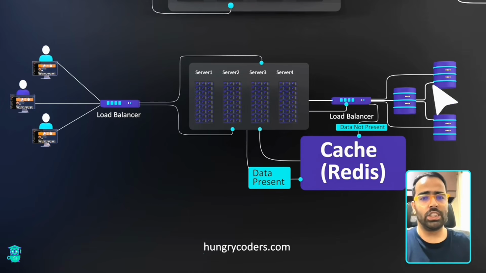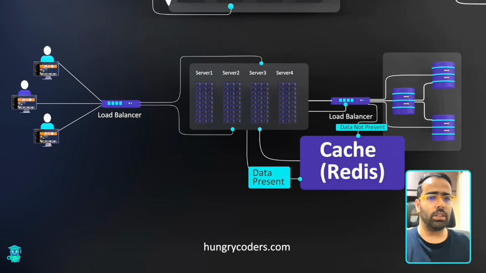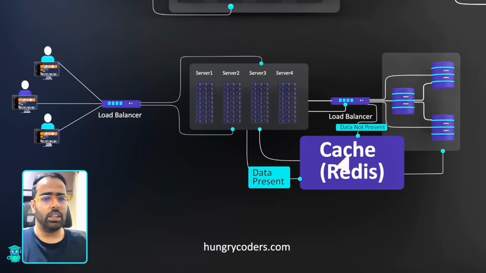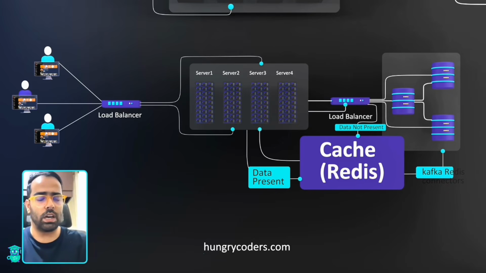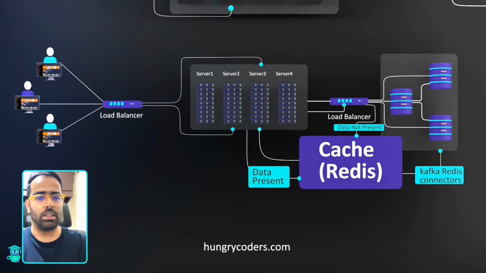Now one challenge is there: how will you maintain the cache with the database? Let's say some write operation happened here. Now you have to put that record in the cache also. So basically the database and cache should always be in sync. For that we can use Kafka Redis connectors.